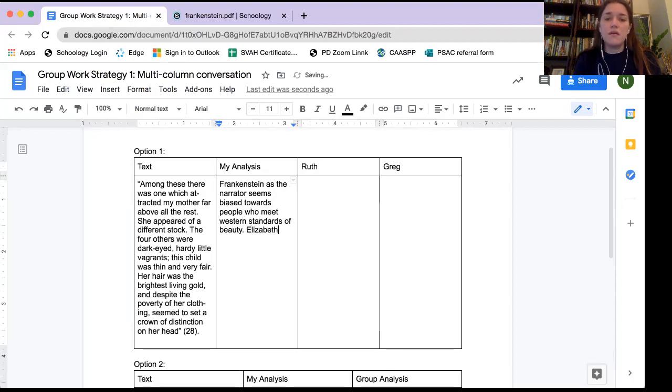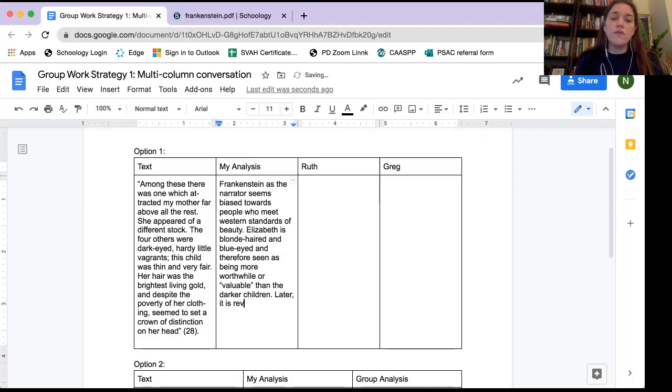Elizabeth is blonde-haired and blue-eyed, and therefore seen as being more worthwhile or valuable than the darker children. Later, it is revealed that she is the daughter of a higher status person, which sort of confirms the bias.